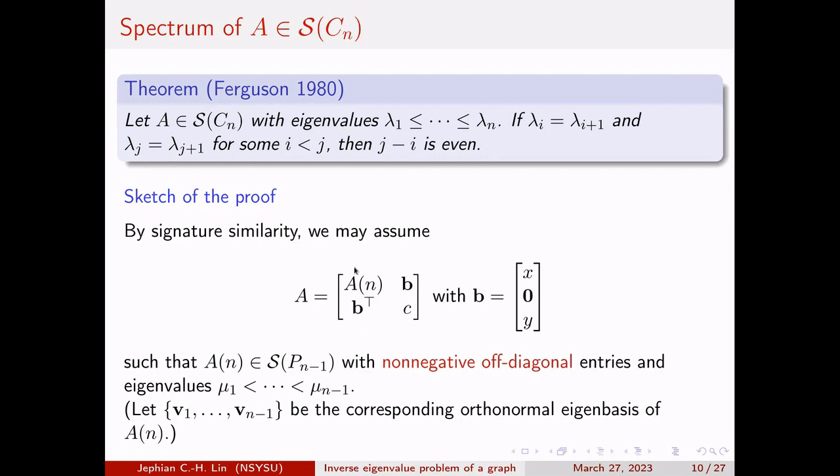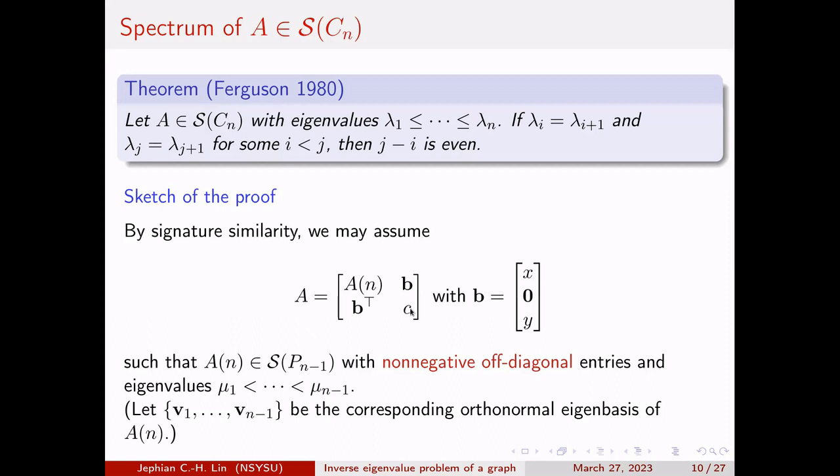So I can assume that this part has all non-negative off-diagonal entries. This is the first result that I used. And then notice that this b vector is special. It has the 1n entry here, and it also has the (n-1)n entry here. So it only has 2 non-zero entries, and x and y are non-zero.